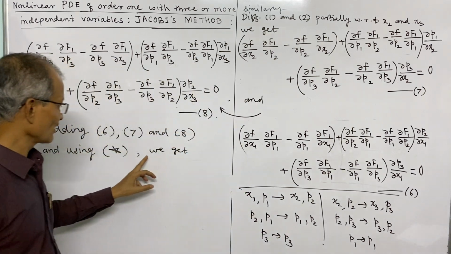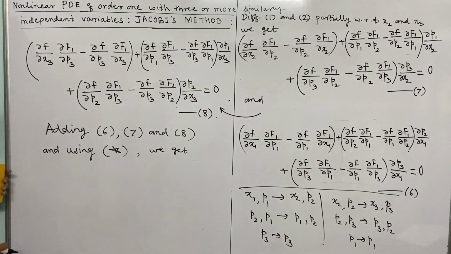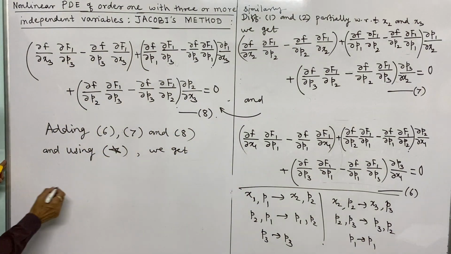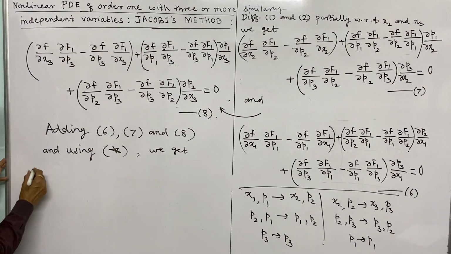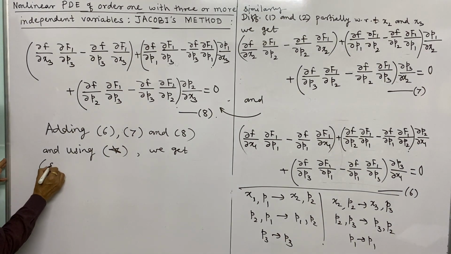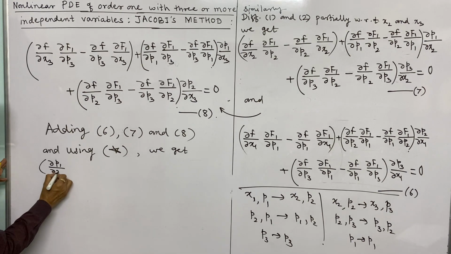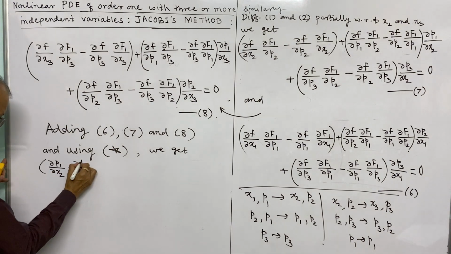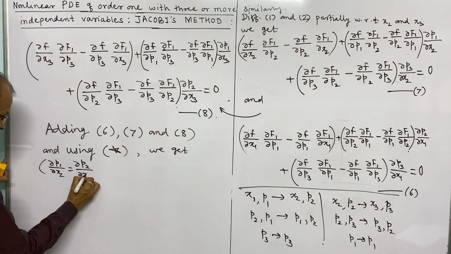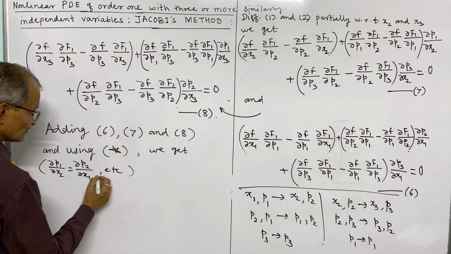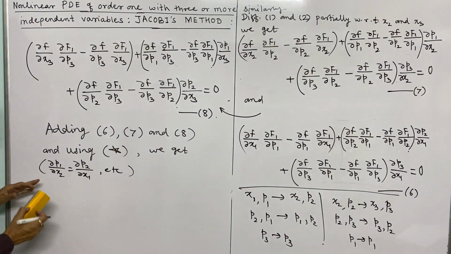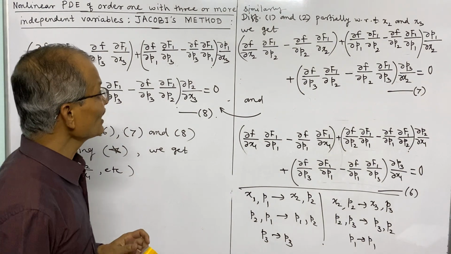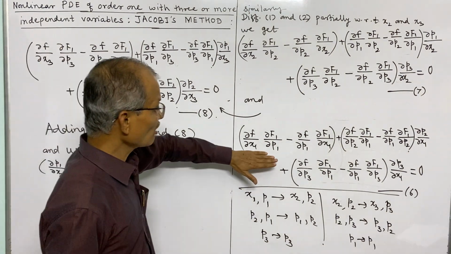That is the star equations. Otherwise I shall write the same equations here as ∂P1/∂x2 is equal to ∂P2/∂x1, etc. These are star equations. And what we will get is the addition of these brackets.